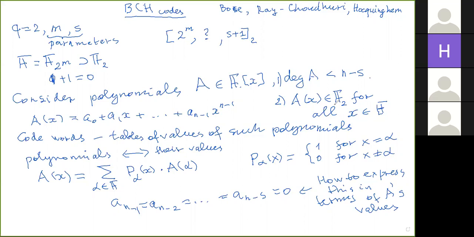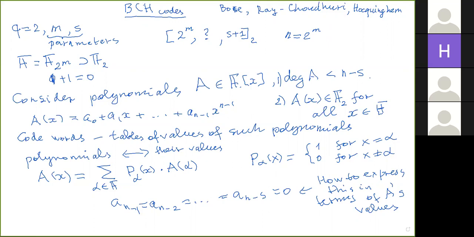And so the dimension becomes maximal possible, n. Let's call 2 to the m, n, because it's the block length. So the length of the table is n, and all tables are possible, so the dimension is n. And now we need to understand how these equalities reduce the dimension.